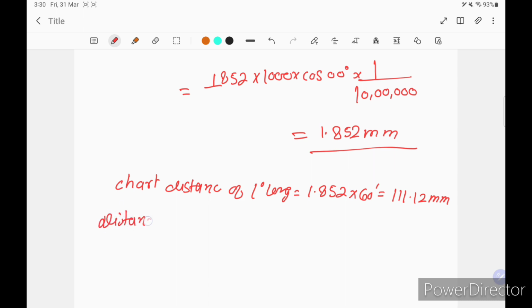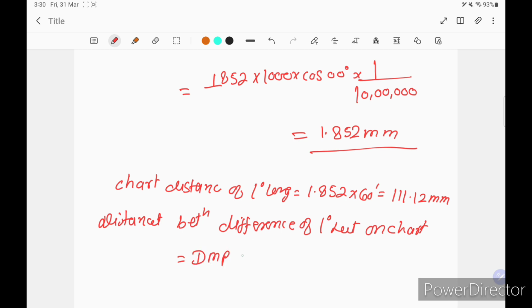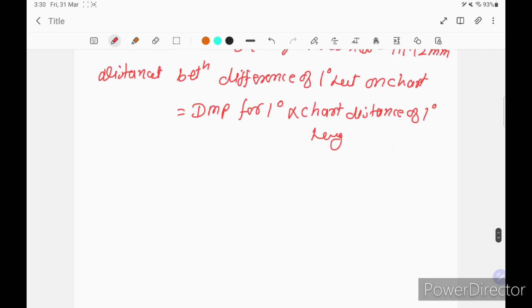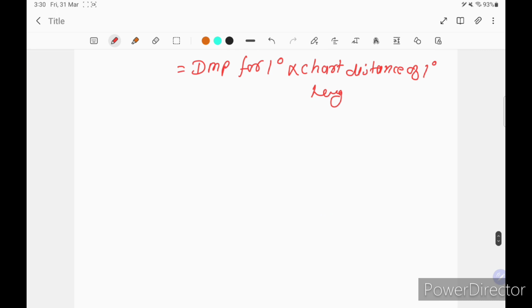And the distance between, the difference of 1 degree latitude on the chart is equal to the difference of meridional parts for 1 degree latitude into the chart distance of 1 minute longitude. Okay, now put it in tabular form.